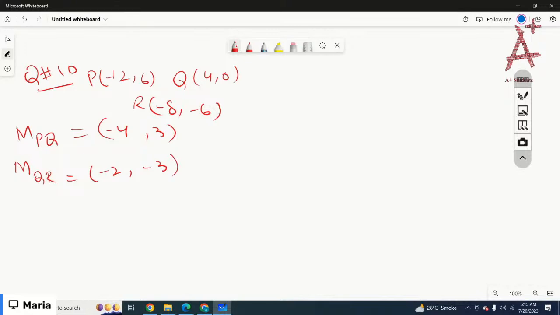Now we're going to find the slope of the median passing through the point R, using the midpoint of PQ and R. I am calculating the slope: -6 minus -3 over -8 minus -4.